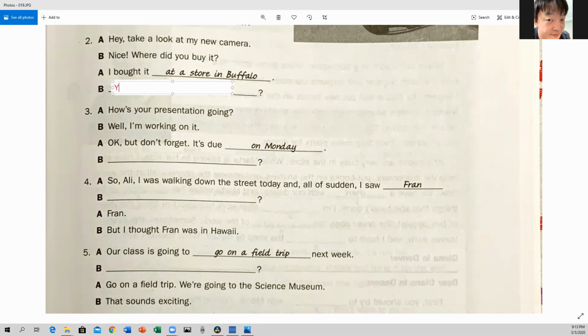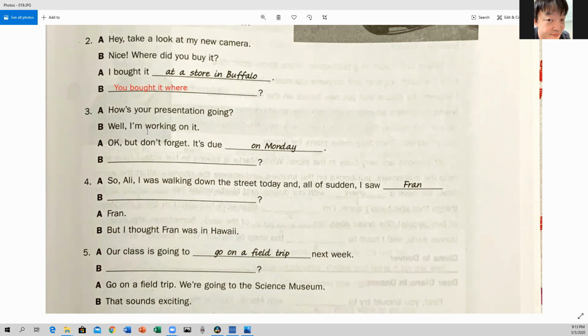Because it's I bought it at, and now I'm asking you, right? You said I bought it at a store in Buffalo. So I say, you bought it where? This is the clarifying question. You bought it where? At a store in Buffalo. Okay, good.